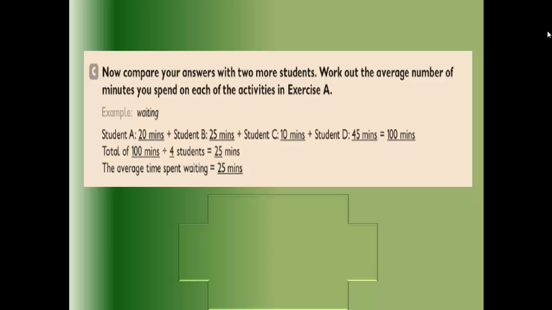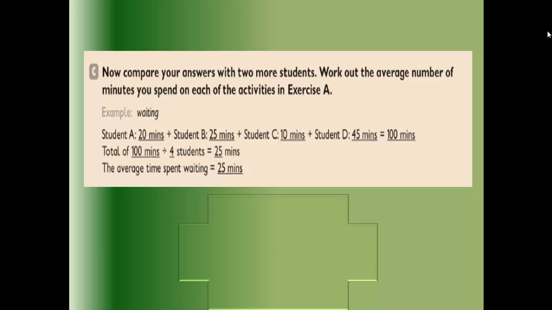Example, waiting. So student number A, for example, waits for his friend or his friends 20 minutes, whereas student number B waits for 25 minutes. The third one, student number C, waits for 10 minutes. The fourth one, student number D, waits for 45 minutes.